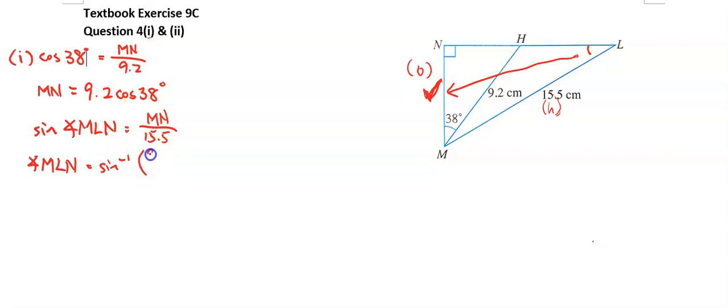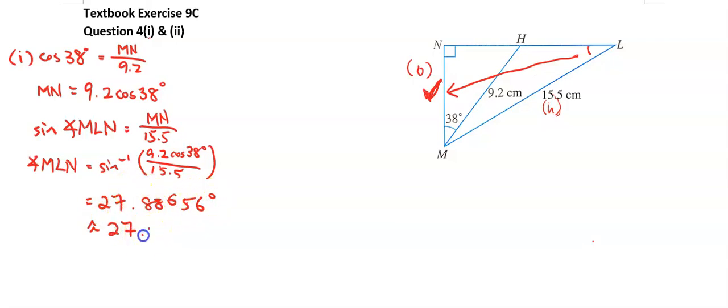MN will be 9.2 times cosine 38 degrees, over 15.5. If you evaluate this using a calculator, you get 27.88656 degrees. Because this is an angle in degrees, we always round off to one decimal place, so we get 27.9. So this is for part 1.